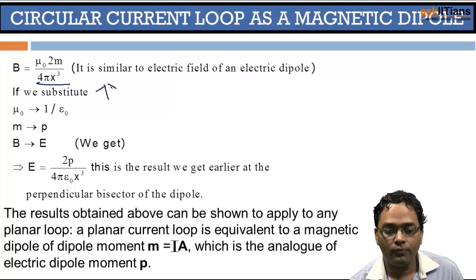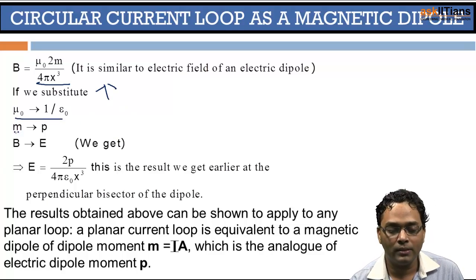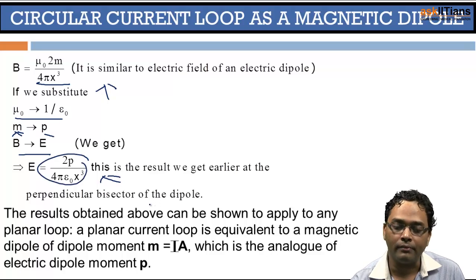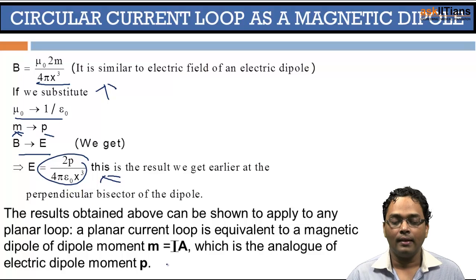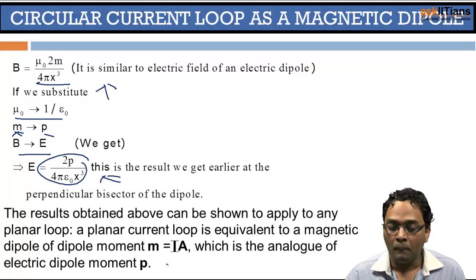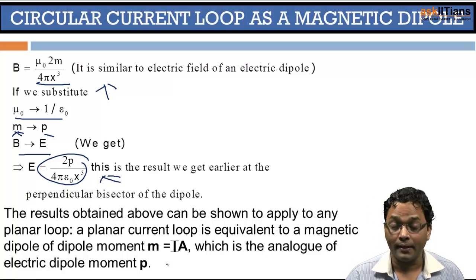So if you substitute mu naught equals 1 by epsilon naught, for pole strength if you substitute m as P, and for B if you substitute this, you will get the net magnetic field and the net electric field given by this. So what does this imply? That the dipole moment is going to be given by m, which is equal to I into A. Please do not get confused between the magnetic moment and the dipole moment.